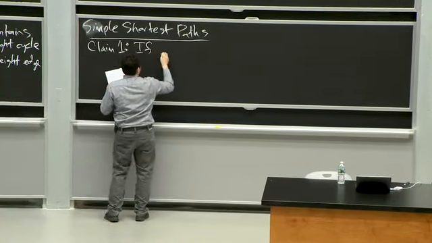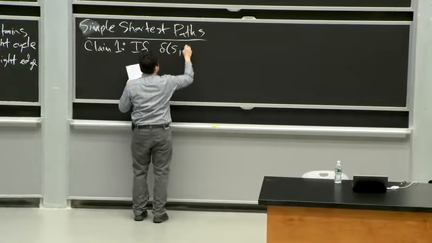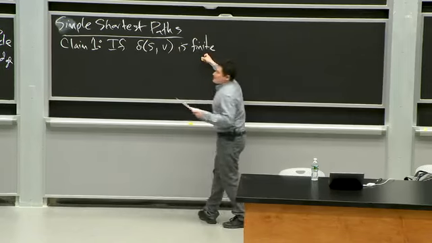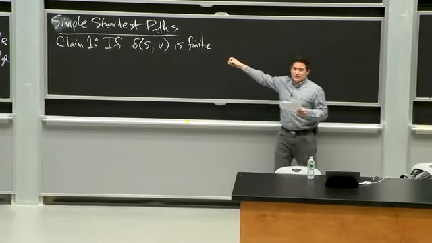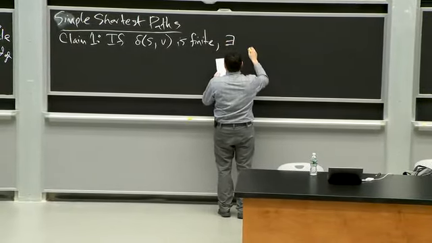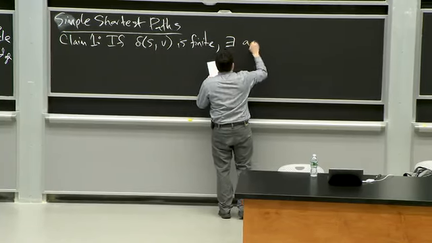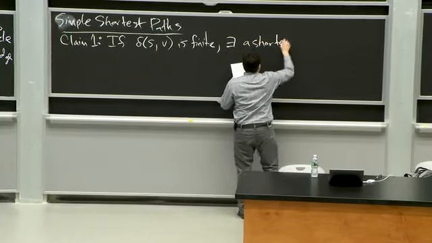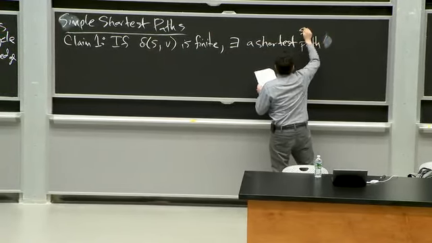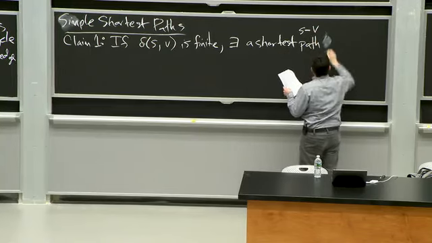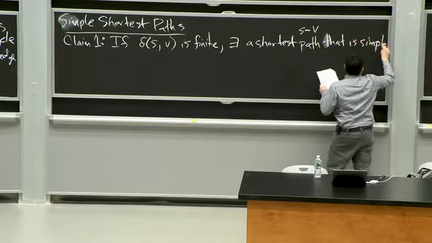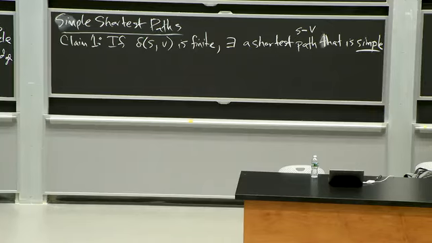If my shortest path distance from S to some vertex V is finite, meaning it's not infinite or minus infinite, some finite value, there exists a shortest S to V path that is simple. And remember, simple means not going through a vertex more than once.